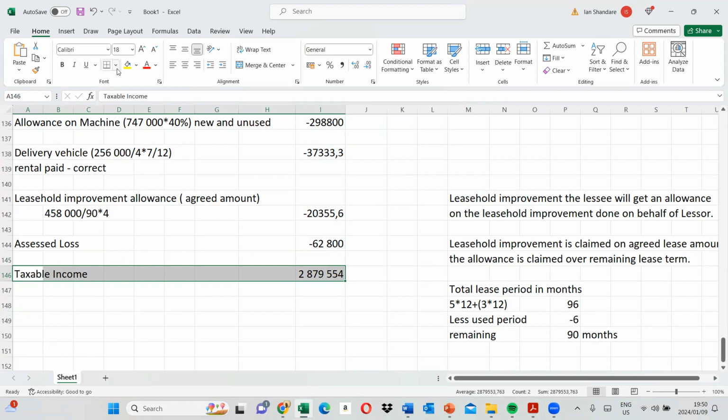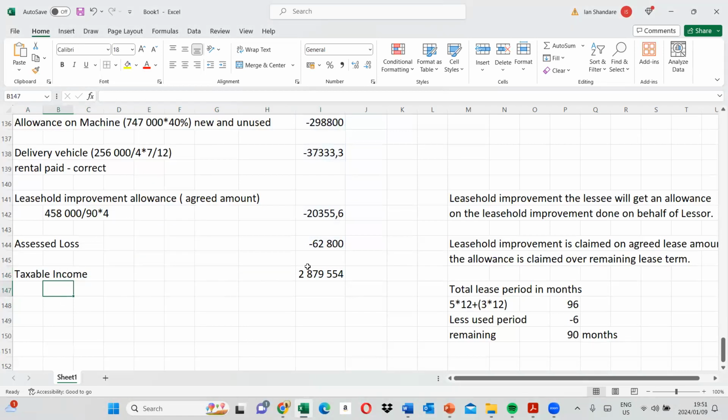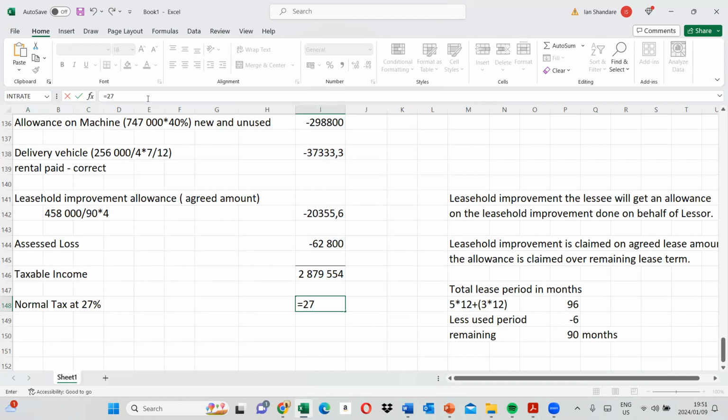So this is taxable income. Remember, we are looking for, so that's our taxable income. So we need now tax at 27%. 27% times this amount takes us there.